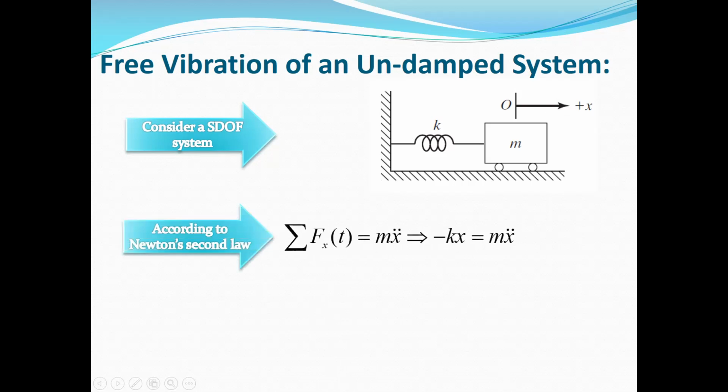So we can extract the equation of motion for this system using two different methods. As you know from the dynamics, MM366, we can use Newton's second law and extract the governing equation for this system. We will have 1 degree of freedom, so we can write the force equation in x direction.